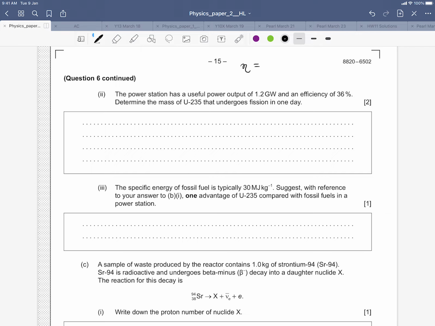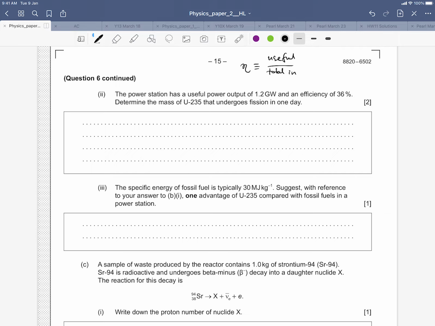We have the useful power output. We know the efficiency. We can work out the total input because we want to determine the mass that results in a total input. So the total power input is, you can see, the useful output divided by the efficiency.